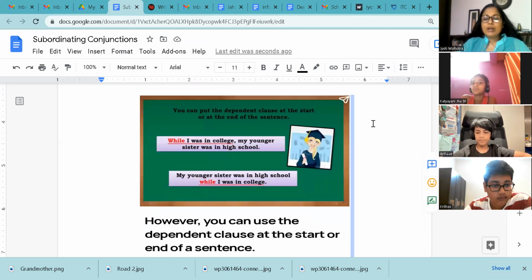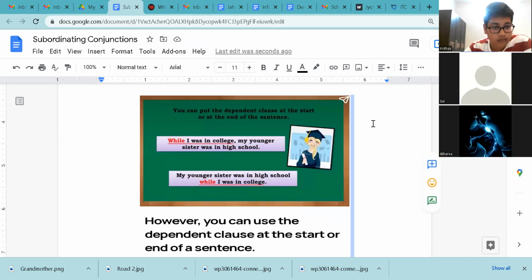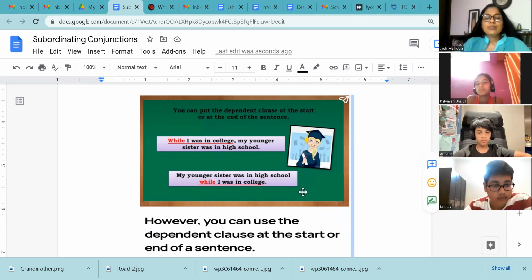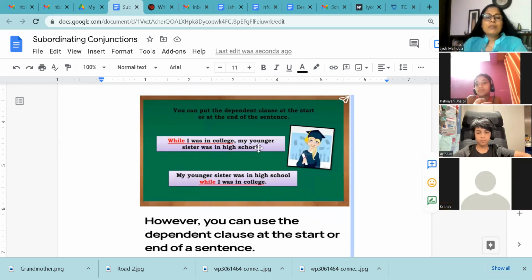Okay, who wants to read now? Sai will read. You can put the dependent clause at the start or at the end of the sentence. While I was in college, my younger sister was in high school. My younger sister was in high school while I was in college. Did you understand? Now, my younger sister was in high school.